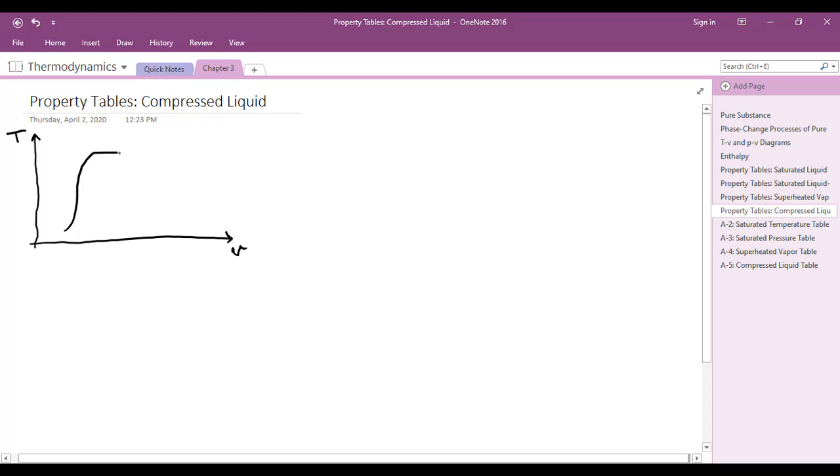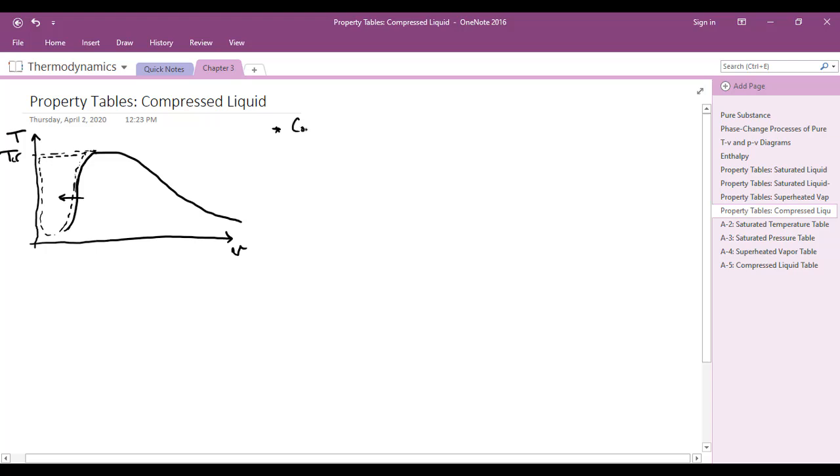This is the vapor dome, and let's say this is the critical temperature. So the compressed liquid region is located to the left of the saturated liquid line. So this is the saturated liquid line.